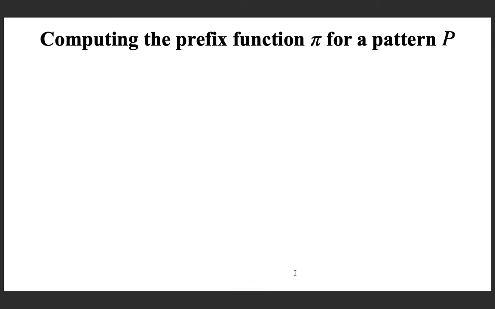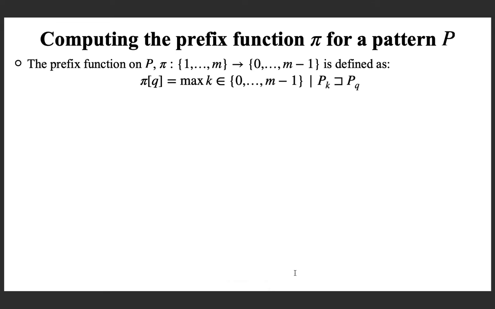Now we can see how to compute the prefix function pi that we have just defined. Recall what we defined: pi is a function for every index of the pattern. q is the index that I am going to consider from here. q is any value in this index, and Pq means the first q characters in P. And what can be pi q?